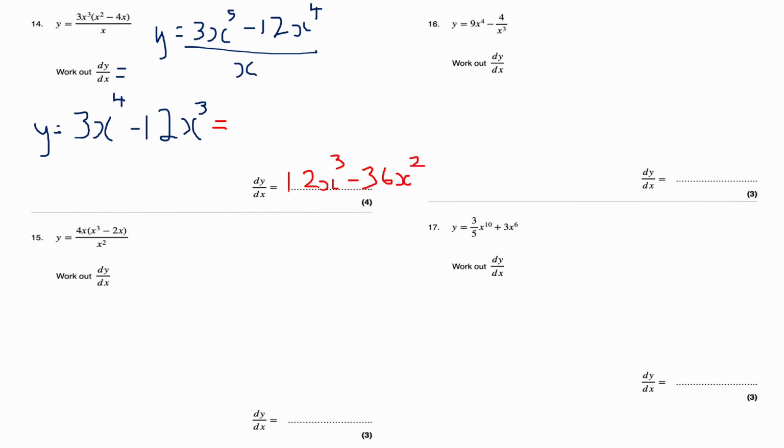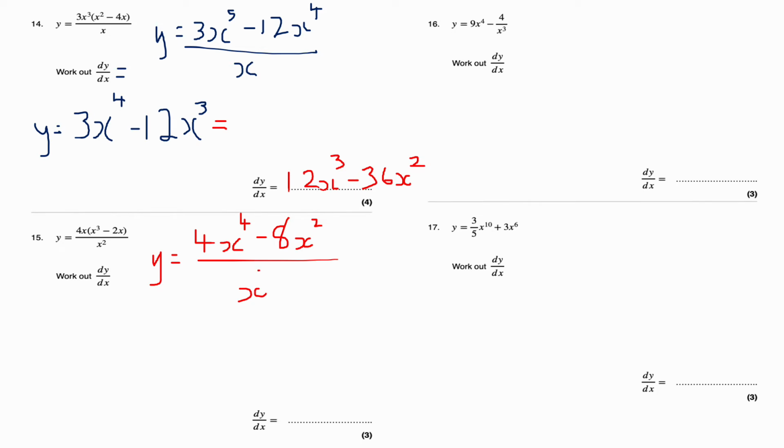Okay, question number 15, y is equal to this function, work out dy by dx. Well, if I expand the numerator, I get 4x to the 4, take away 8x squared, all divided by x squared.